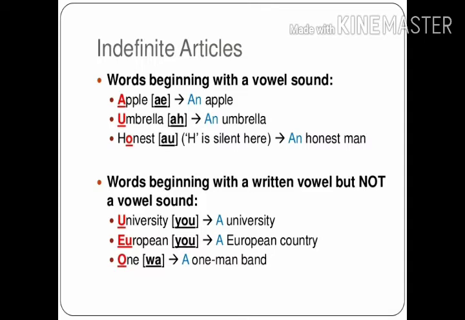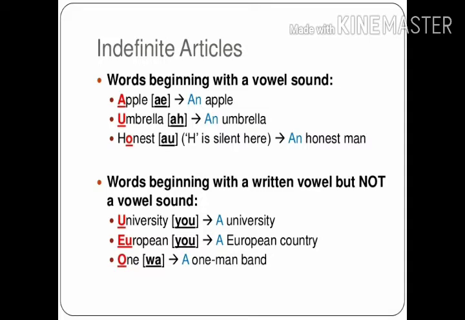Words beginning with a vowel sound, like apple. It has a vowel sound and it begins with a vowel, a. So we will write an apple. Umbrella, an umbrella. Here there is a vowel sound and a vowel letter also, u.